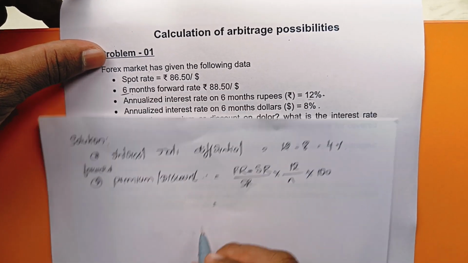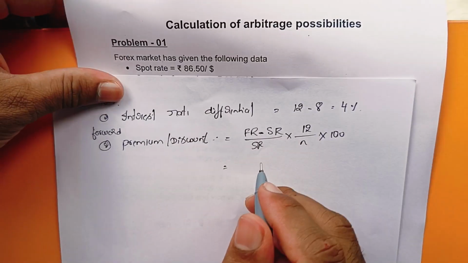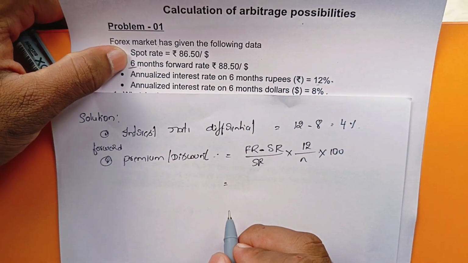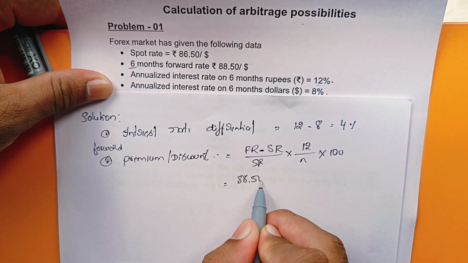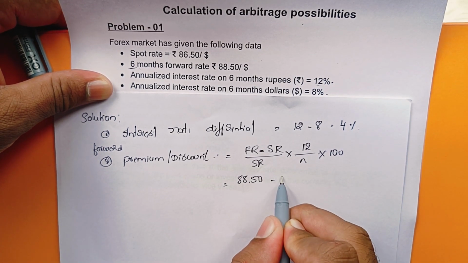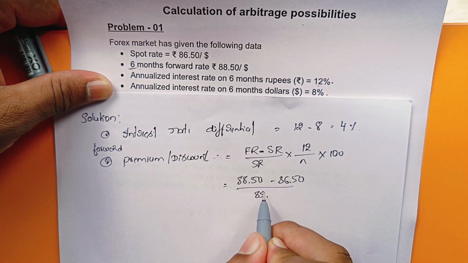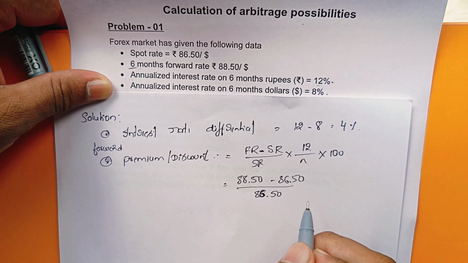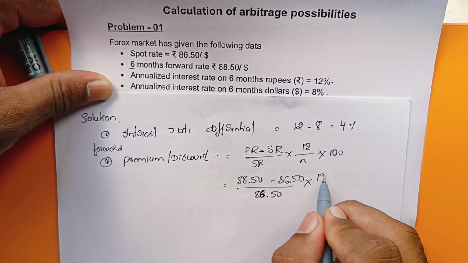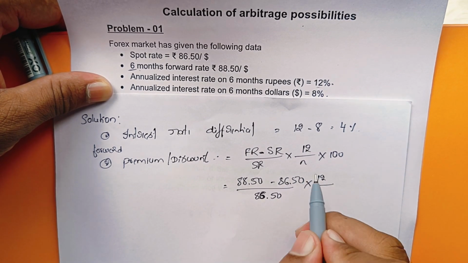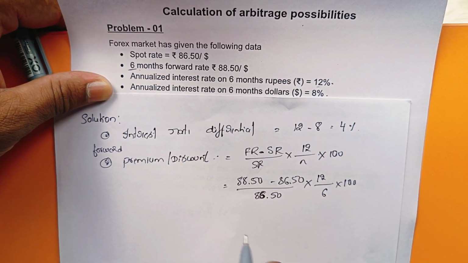Next, as per the formula, the forward rate is in the problem itself. What is the forward rate? 88.50, minus spot rate 86.50, divided by spot rate 86.50, into 12. This 12 is constant, divided by n, which is the number of months, 6, into 100.